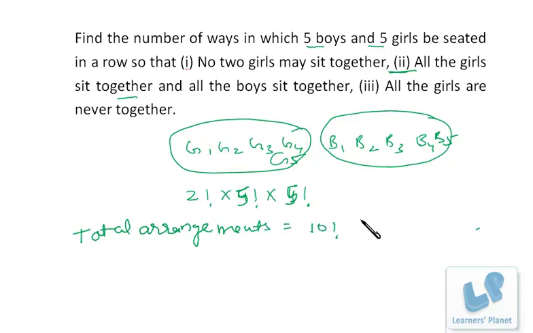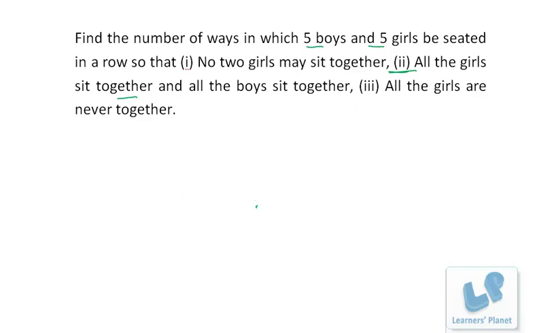Now out of these 10 factorial arrangements, we find out the arrangement when all the girls are together, right? So it's 5 girls, G1, G2, G3, G4, G5. We take them as 1, and the remaining 5 positions are for boys.